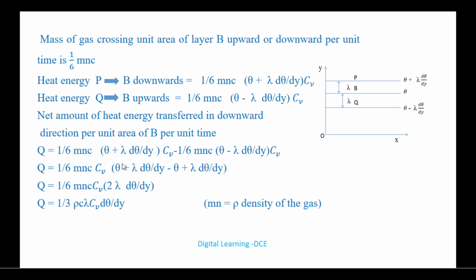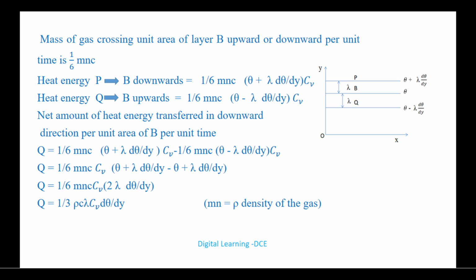Again by cancelling this θ with minus θ, we get 1/6 mnc Cv into 2λ dθ/dy.